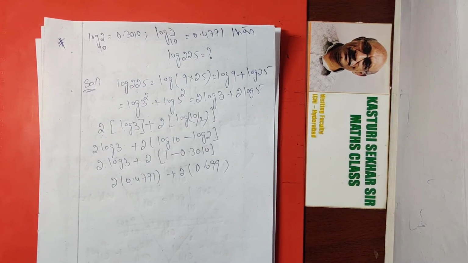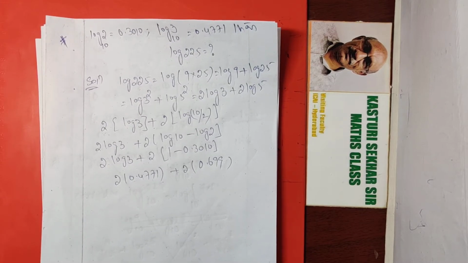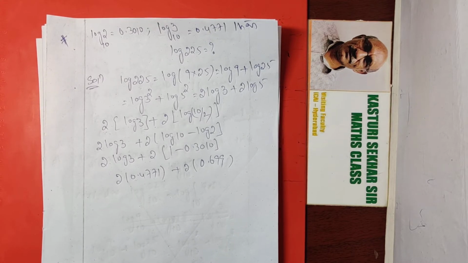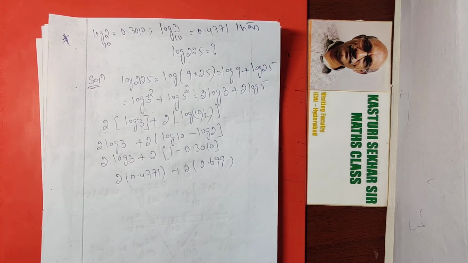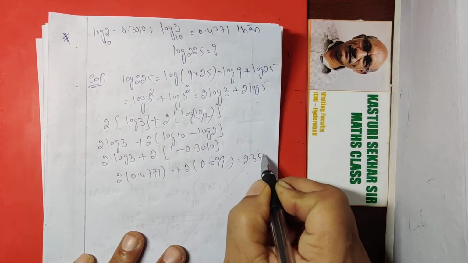2 into 0.4771 plus 2 into 0.699 is equal to 2.3522.